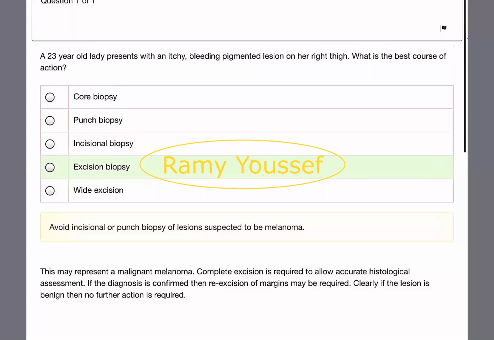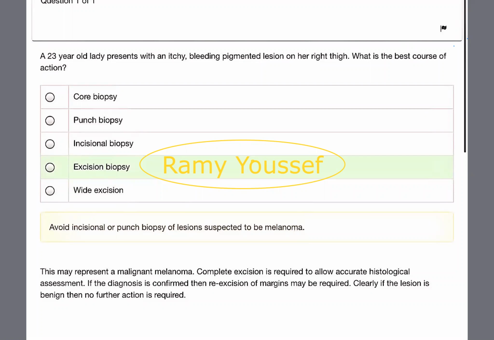Incisional biopsy is not allowed for a small lesion, and it is not common here. Wide excision is not logical without knowing the diagnosis, except with an intraoperative frozen section or Mohs micrographic surgery.